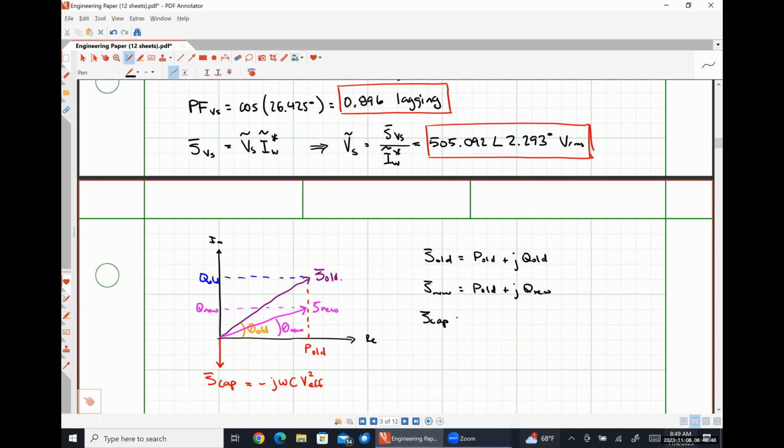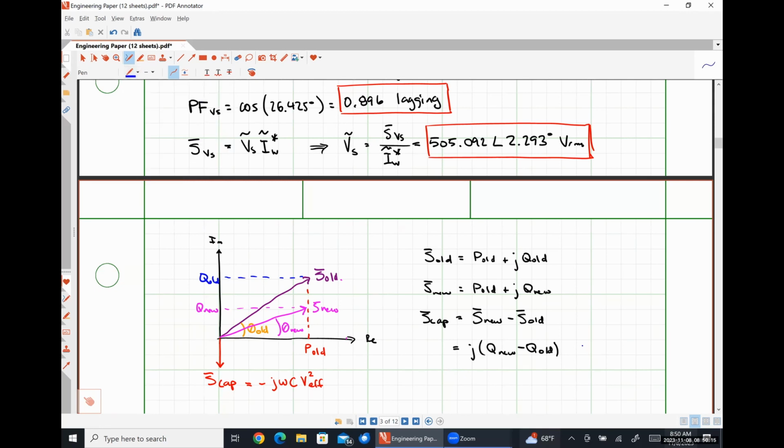The complex power that is provided by our capacitance is simply going to be S new minus S old, which comes out to be j times Q new minus Q old.